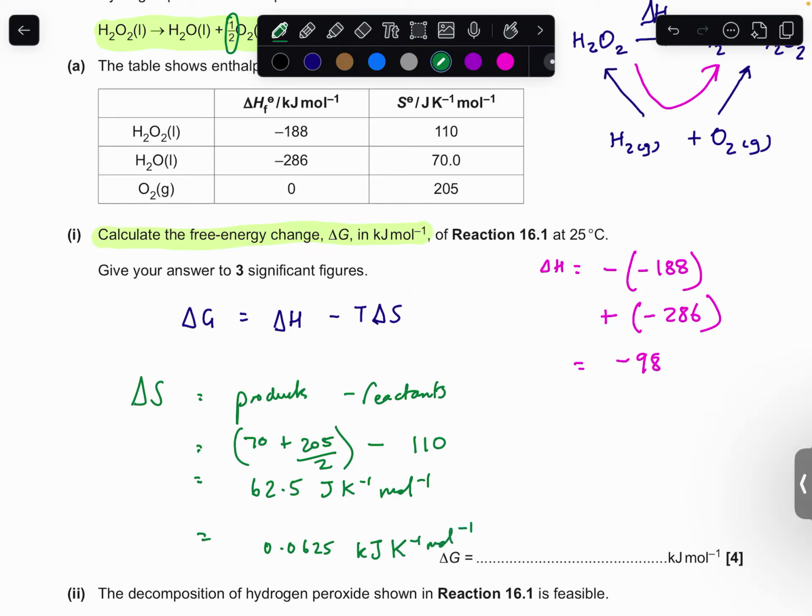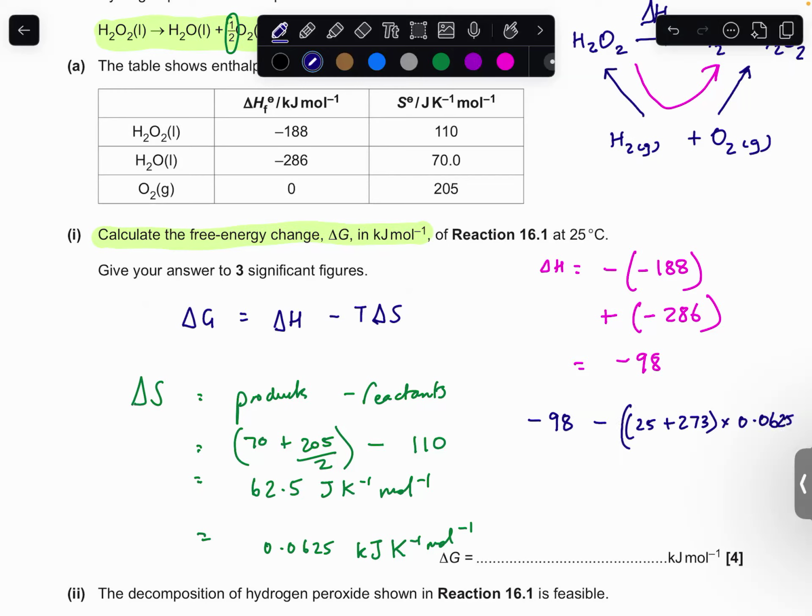And what we now do is plug in all these values. So delta G will be equal to minus 98 minus 25 degrees, convert it into Kelvin, so we add 273, which is going to be multiplied by the entropy change, which is 0.0625.